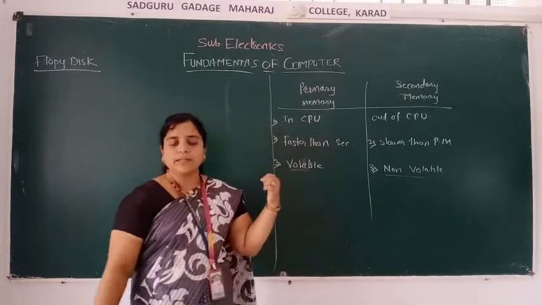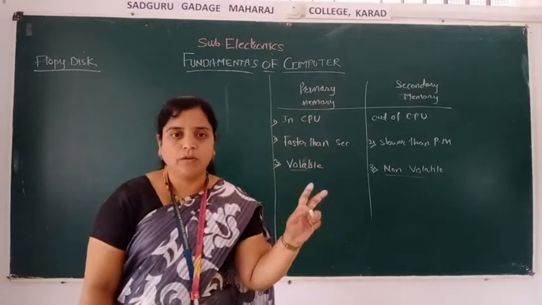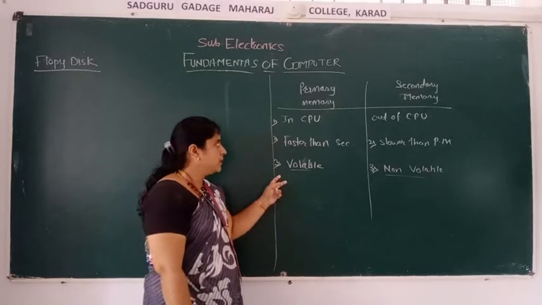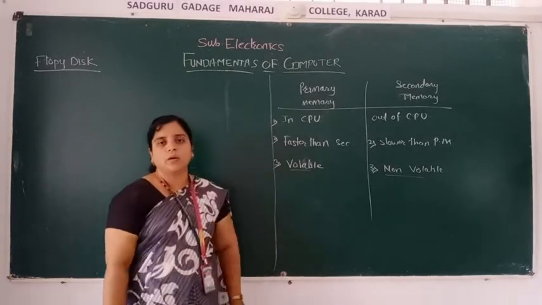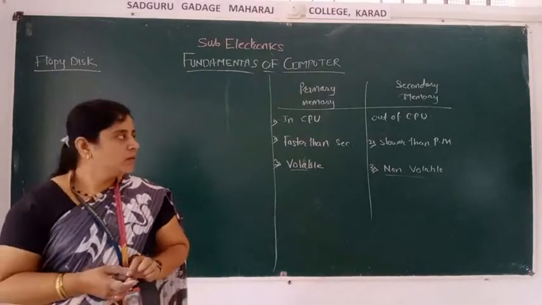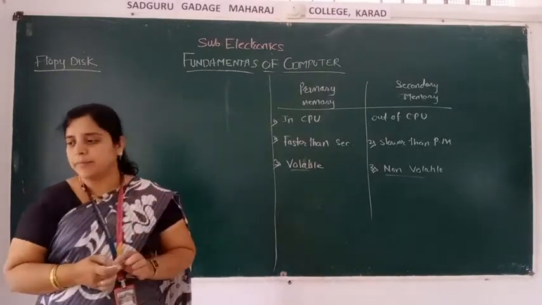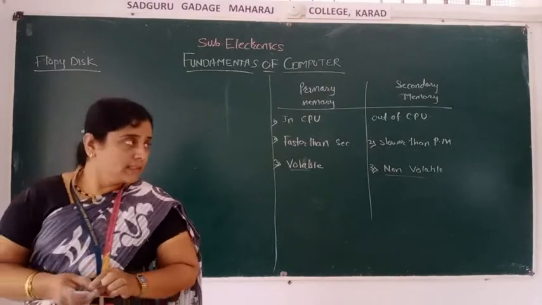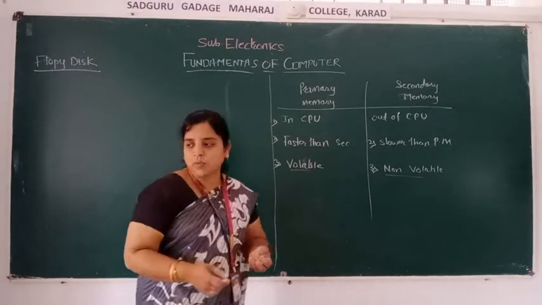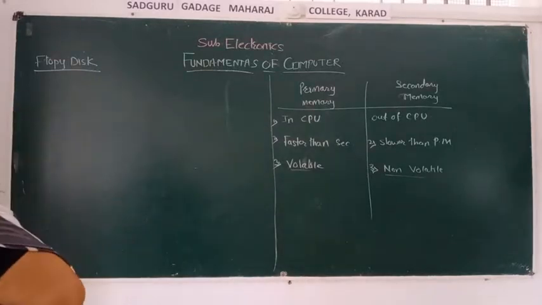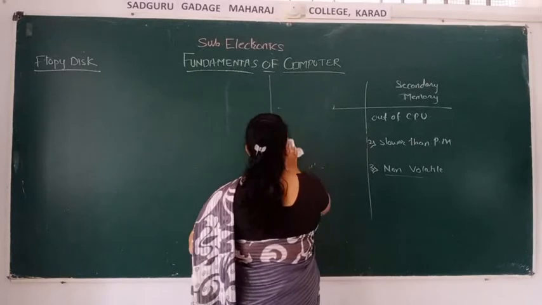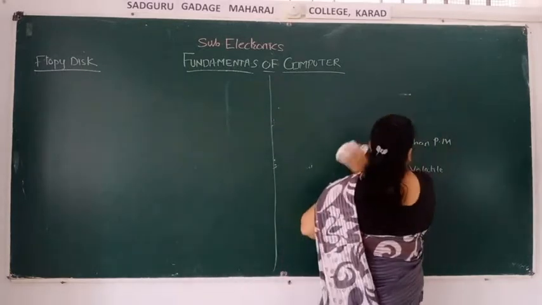When power is off and you can't see the data on the computer, that is called volatile memory. So primary memory is always volatile and secondary memory is non-volatile. Primary and secondary memory have many differences, but if asked for the difference between them, you can write it like this.